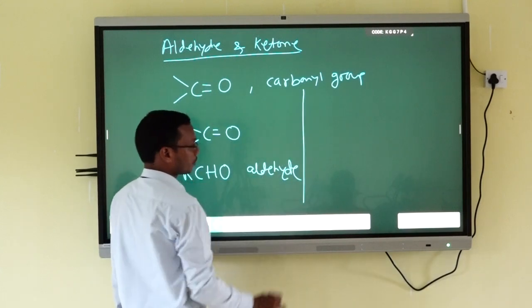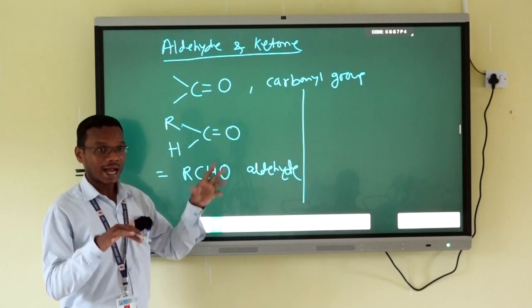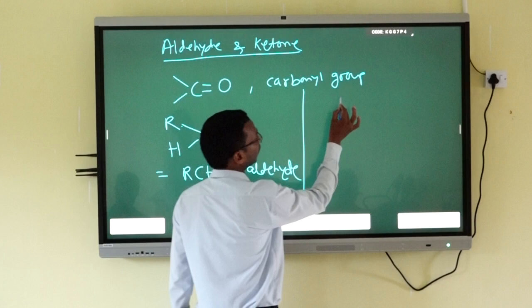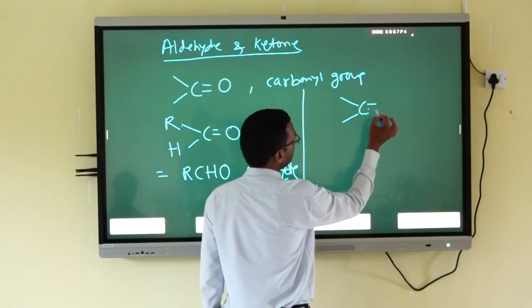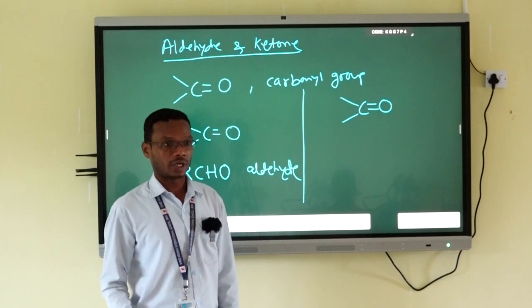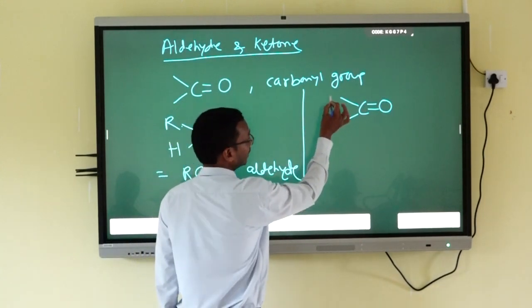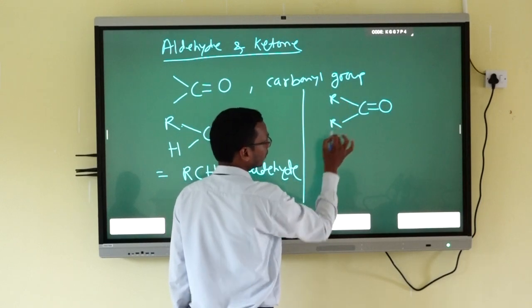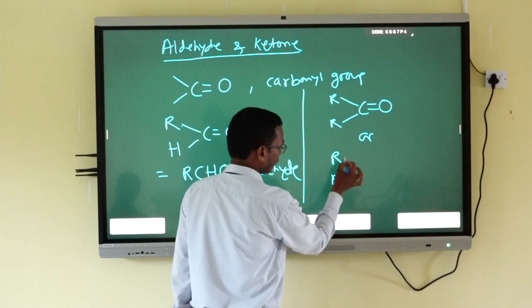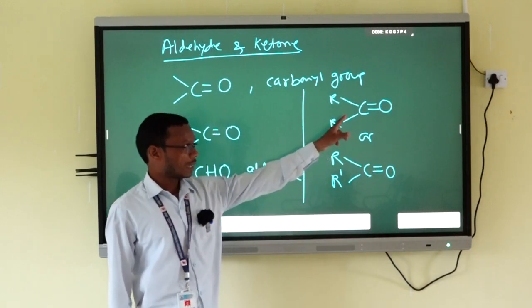But if there are two same or different alkyl groups on the carbonyl group, this is R, this is R, or you may say R and R dash.